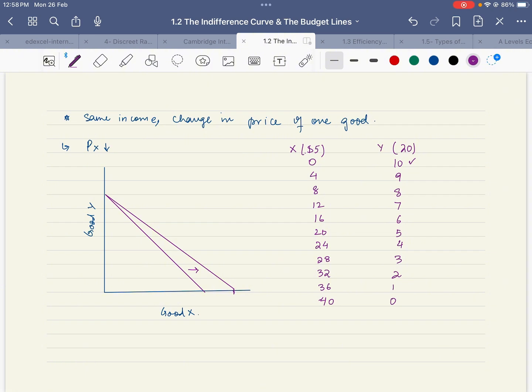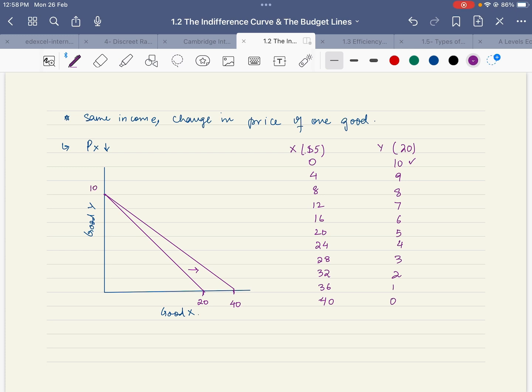So this becomes 40. Earlier it was 20, right? And Y remains the same, 10.